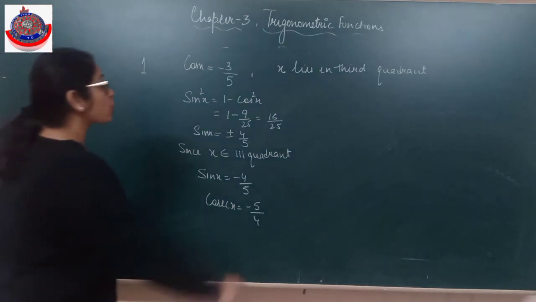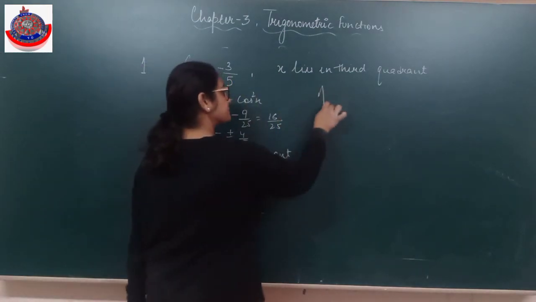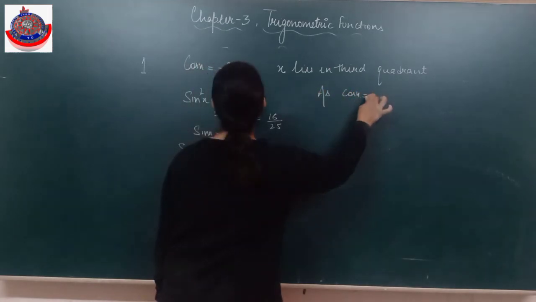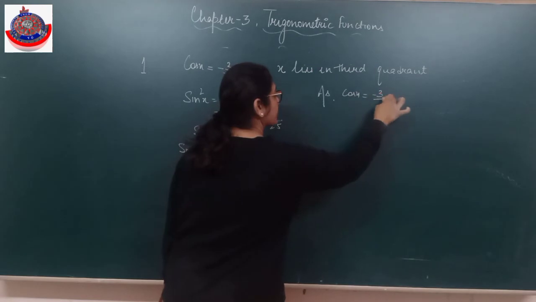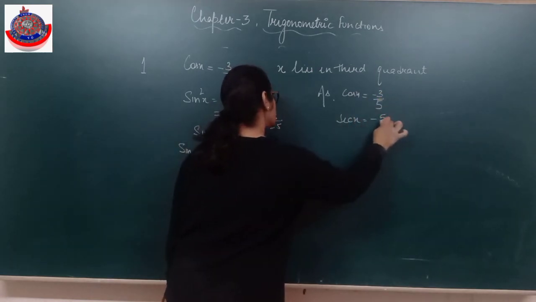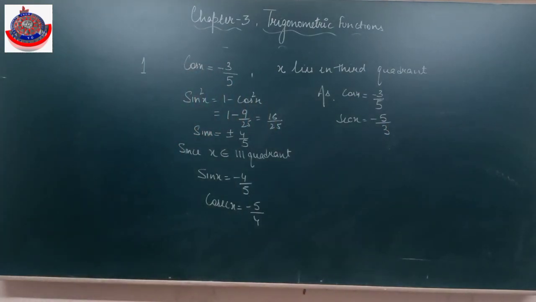And from the cos, I can get one more value, as we know its reciprocal is also going to be negative. Now what is left? Tan and cot. How do we find tan? Tan is sine upon cos. Is it clear?